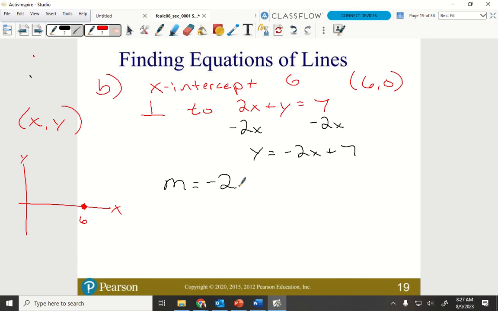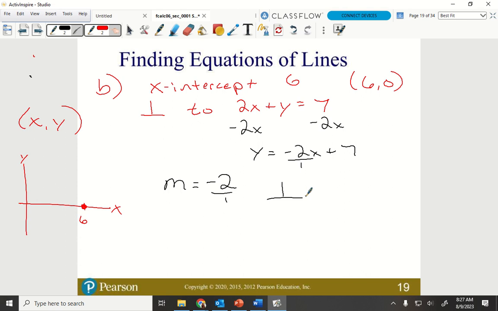Now, slope is always referred to as rise over run, right? Rise over run. So any whole number I have, I could rewrite it as a fraction. I could just divide that over 1. Any number divided by 1 still gets the same number. So I'm just going to say, hey, this is negative 2 over 1, right? And it's going to make this next part easier. So the slope of the perpendicular to that is going to be the opposite reciprocal.